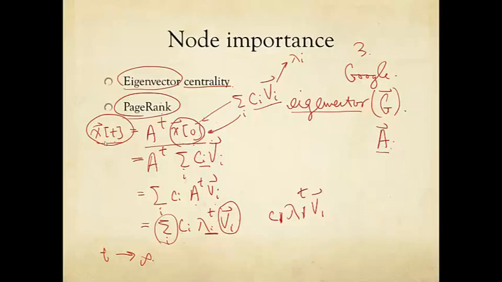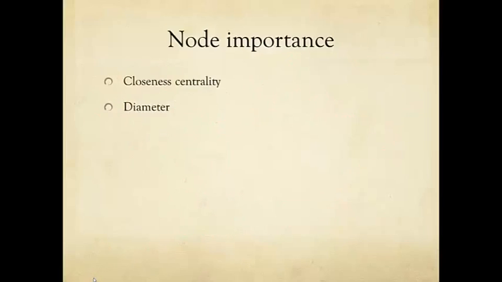In other words, x at time t for large t is approximated by this v_1, the dominant eigenvector, the one associated with the largest eigenvalue of matrix A. So we can take the largest dominant eigenvector of matrix A as the second notion of centrality.